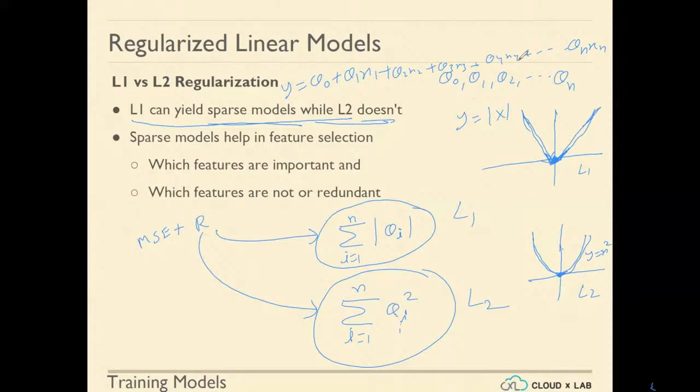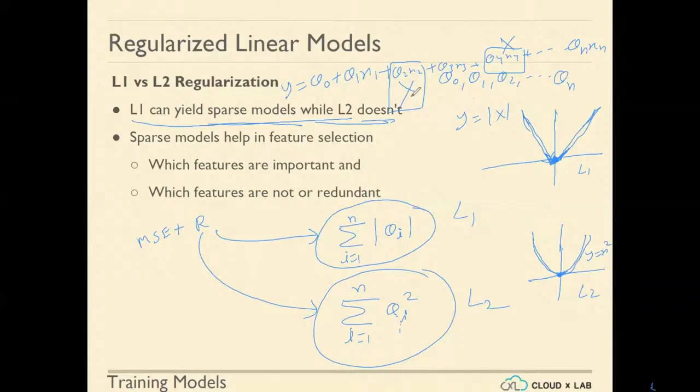Now let's say theta 2 is 0, theta 4 is again 0, which means in the model I don't have feature 2 and feature 4, right? Because theta 2 is 0, theta 4 is 0, which means originally even if I have x2 and x4, in the final model, x2 and x4 are not contributing anything.